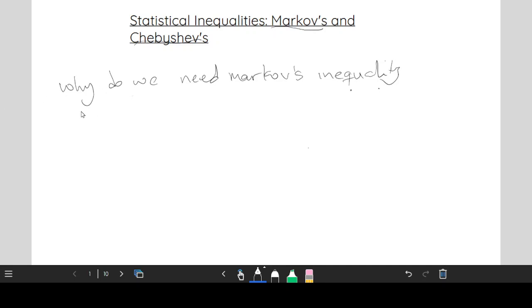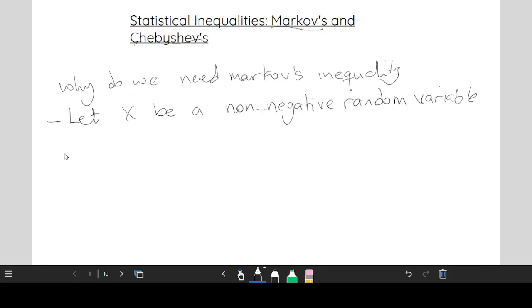Let X be a non-negative random variable with an expectation, okay? X. And let A be strictly positive.